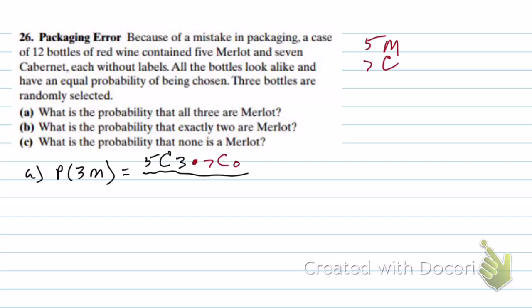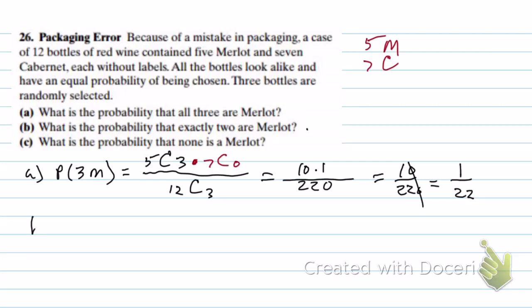On the bottom, I've got what? 12 things taken 3 at a time. So from this, we're getting 10 over 220. I can cancel those zeros pretty easy, so I'm getting 1 over 22. That's the probability of getting all 3 Merlots.